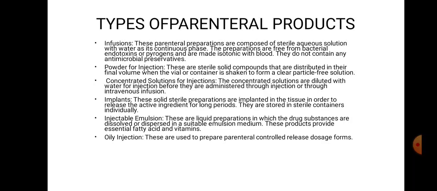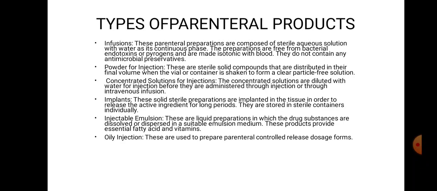The next one is powder for injection. These are sterile solid compounds that are distributed in their final containers, and when the vial or container is shaken, they form clear, particle free solutions.